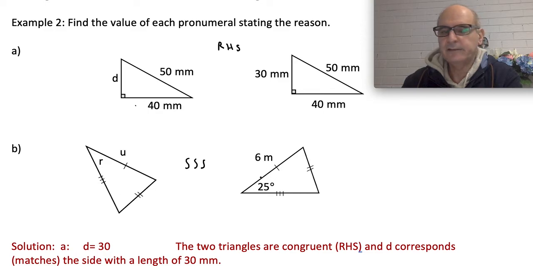So that is the angle that corresponds to R. And because they are congruent, then they are equal. So R is 25. And U is the line with 1 dash. And the line with 1 dash here is 6 meters. So U is 6 because the two triangles are congruent.